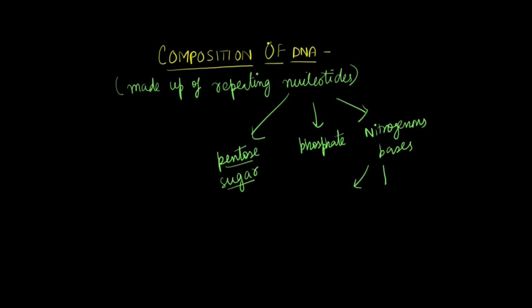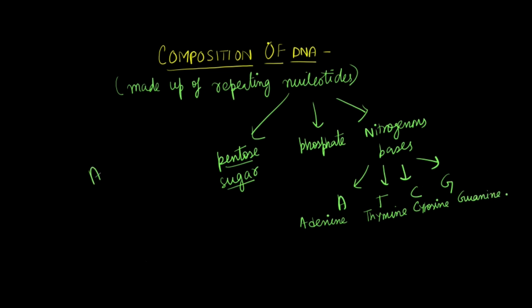These nitrogenous bases are of four different types: A, T, C, G. A stands for adenine, T stands for thymine, C stands for cytosine, and G stands for guanine. Now, these nitrogenous bases are very specific.